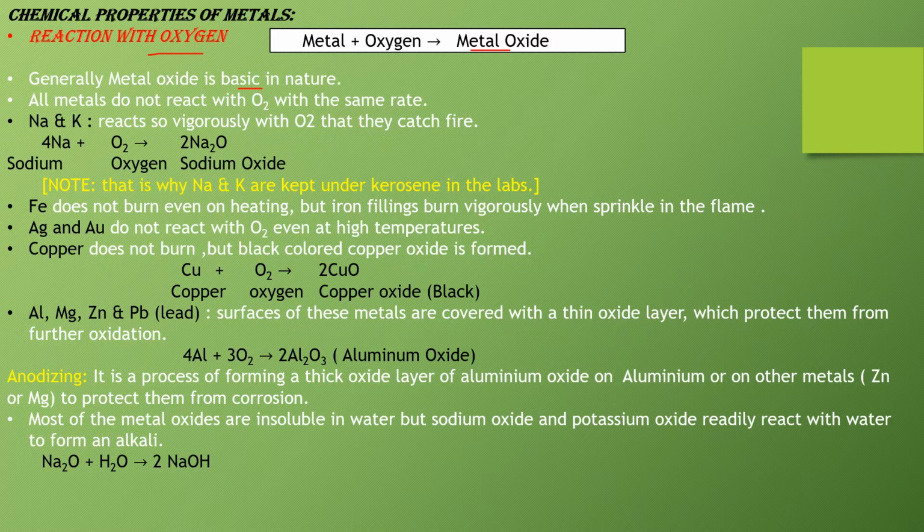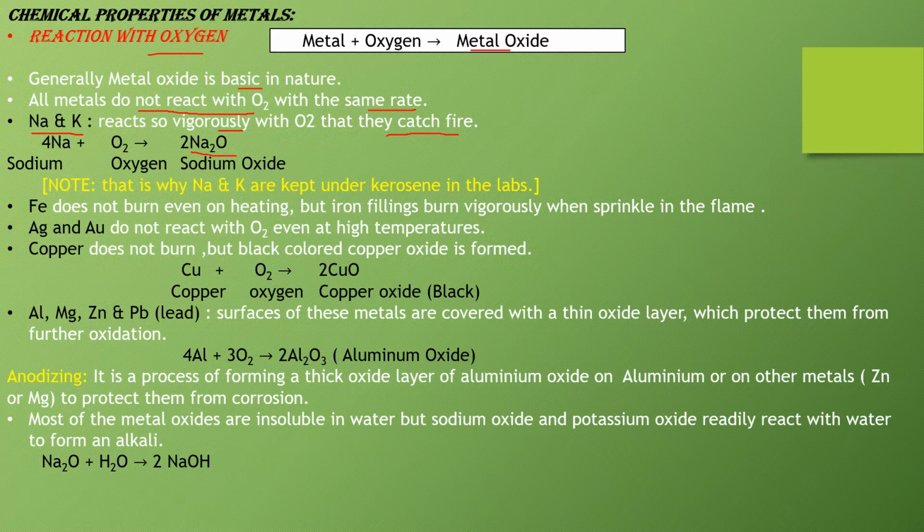Now all the metals do not react with oxygen at the same rate because the rate of reaction depends on the reactivity of the metal. So I am starting with the most reactive metals, that is sodium and potassium. Because they are very reactive, they react vigorously with oxygen and the reaction is so exothermic that it catches fire. The equation is sodium Na plus O2 gives Na2O, that is sodium oxide.